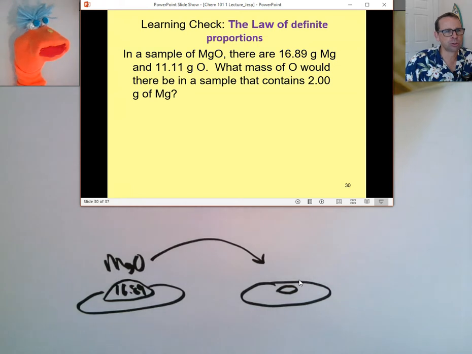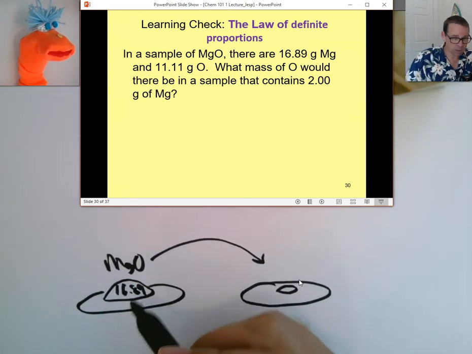Probably. Let's see, the 16.89 is magnesium oxide, and if 11.11 of that 16.89 is oxygen, then you should be able to use that ratio and find out the amount of oxygen in the 2 grams of magnesium oxide.